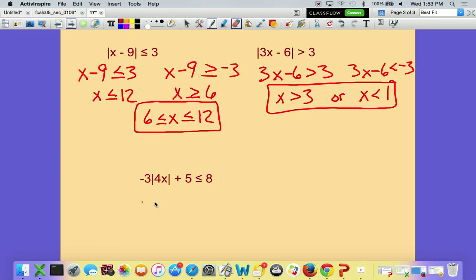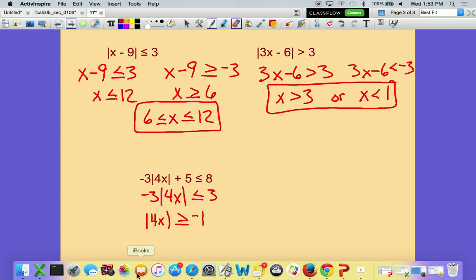Now this is where we've got to do a bunch of stuff before we can split it. So we've got to subtract 5, which means it's equal to 3, divide by negative 3. So absolute value of 4x is greater than or equal to negative 1 because we're dividing by a negative.